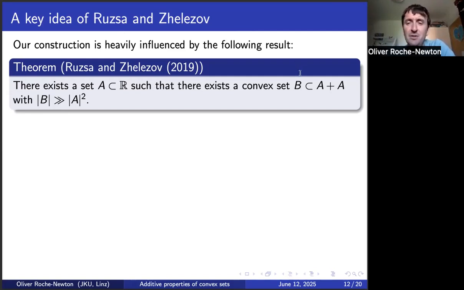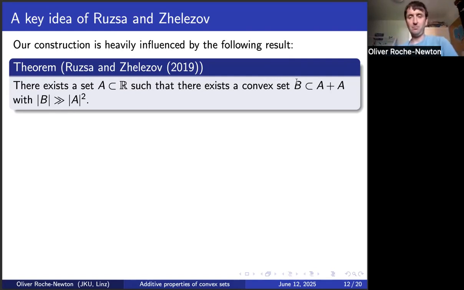It's a different kind of additive structure, but B here is efficiently contained in a sum set. So you can just add a few more things and it becomes a sum set, but it's also convex, and sum sets should have lots of additive structure. So that's a result in a similar direction to the one I'm describing here.